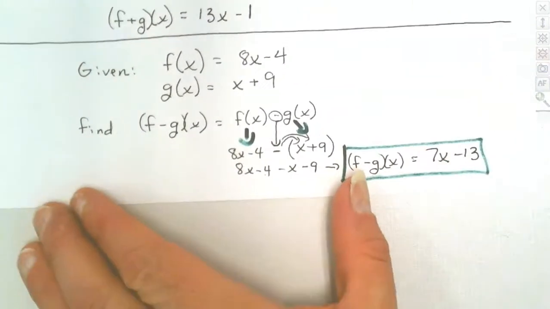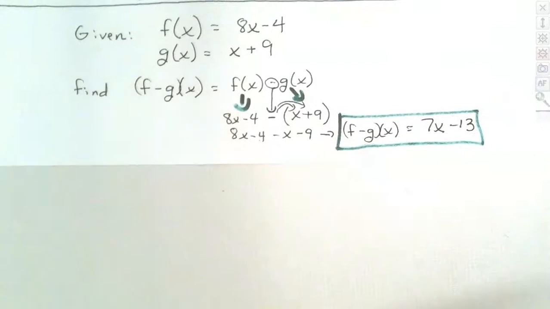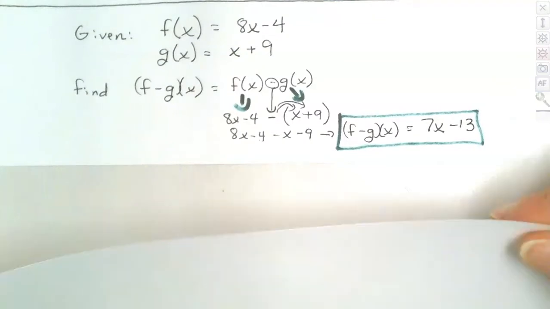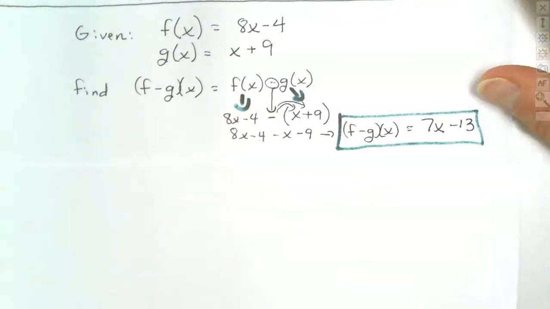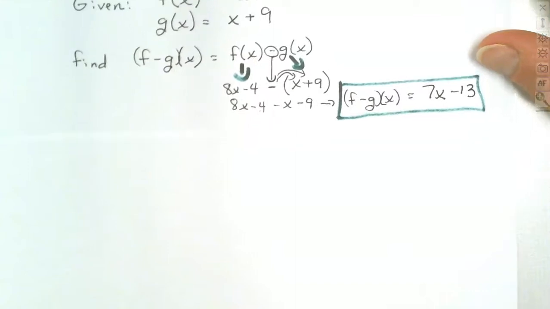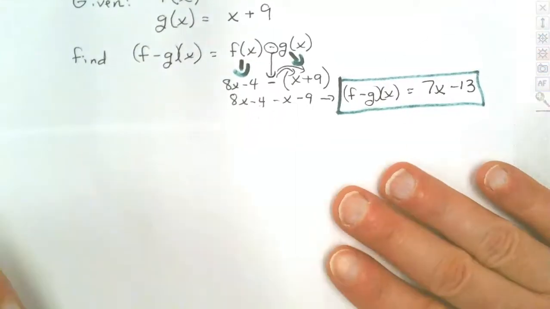And multiplication is going to be done the same way. We'll do two quick examples for multiplication. So I'll give you a new function to work with here, and then we'll use multiplication.